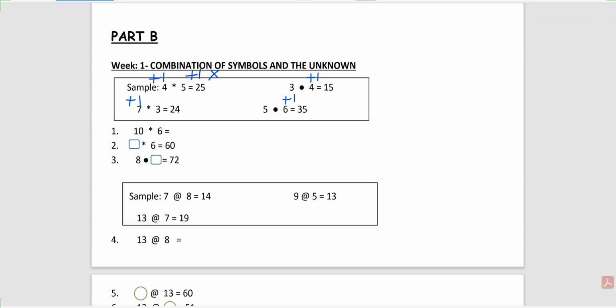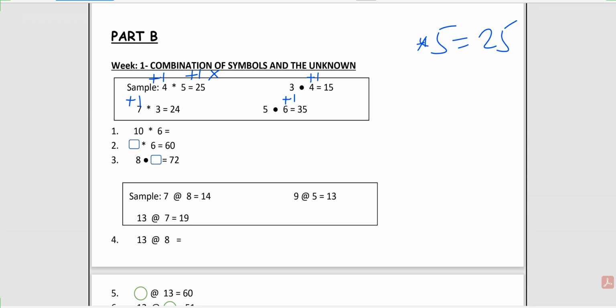Now, most times I see that you usually have issues solving when you are looking for either of the two numbers. Take, for example, the first sample, 4 asterisk 5 equals 25. What if 4 is missing? You remember that what you did was to add 1 to 4 and multiply.